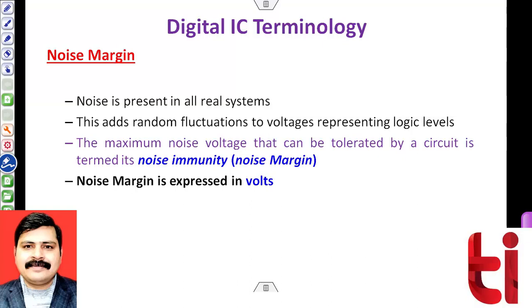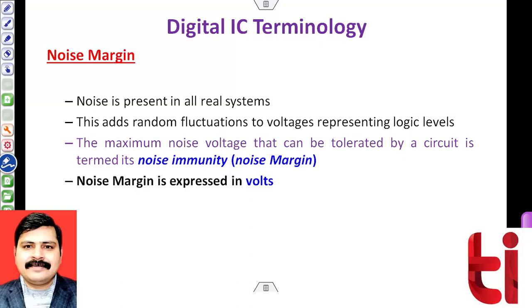We can define this parameter, noise margin, as the maximum noise voltage that can be easily tolerated by a circuit. In other words, it can be defined as the noise immunity of that circuit.